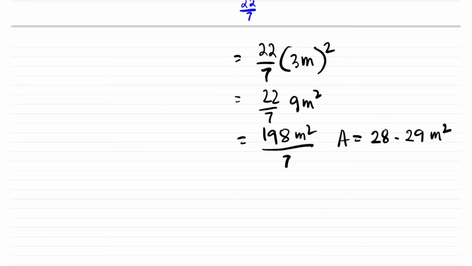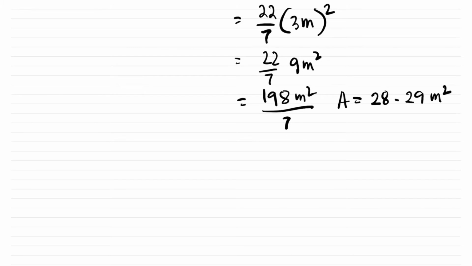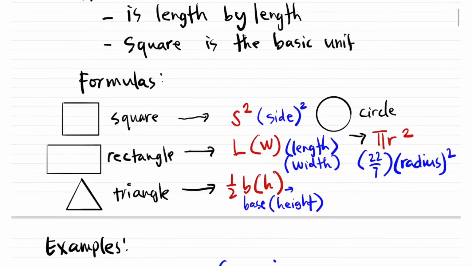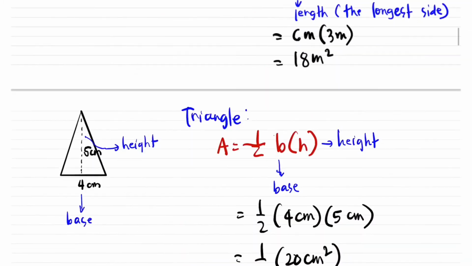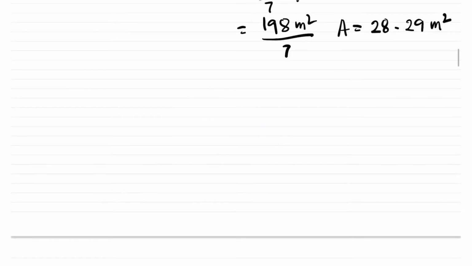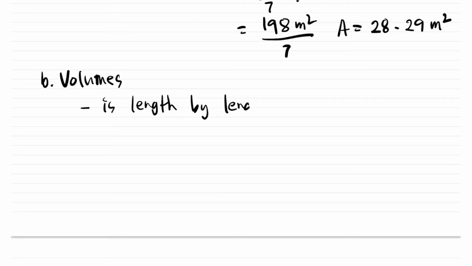Okay, now we proceed to the next part of measurement, which is, we're done with areas. Now we go for the letter B, volumes. Now volume is measured by length times length times length.